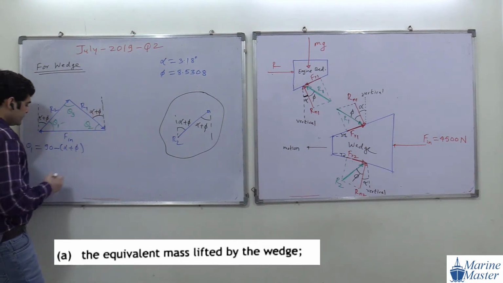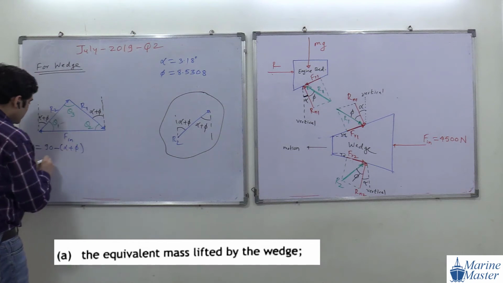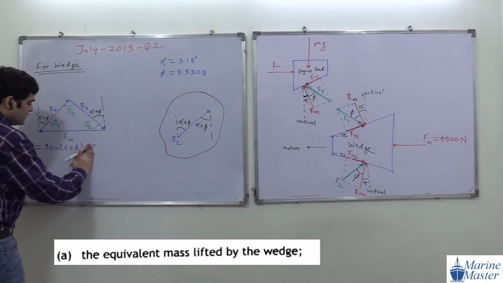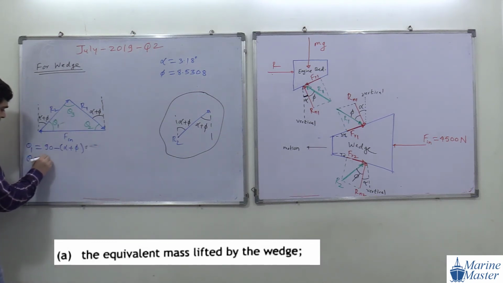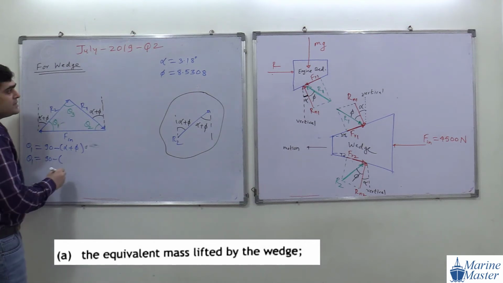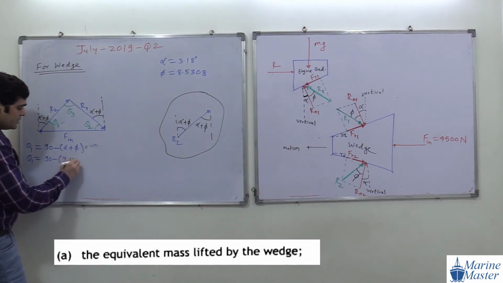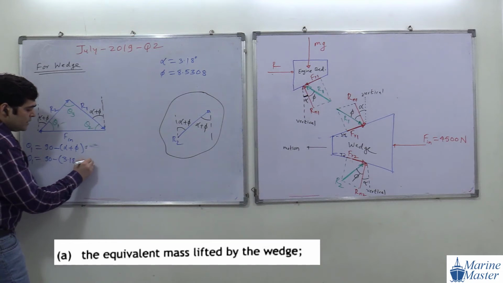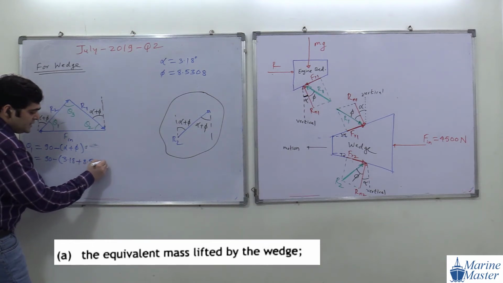What will be the scenario here? 90 minus alpha, where alpha is 3.18, and phi is 8.5308. See the point here.